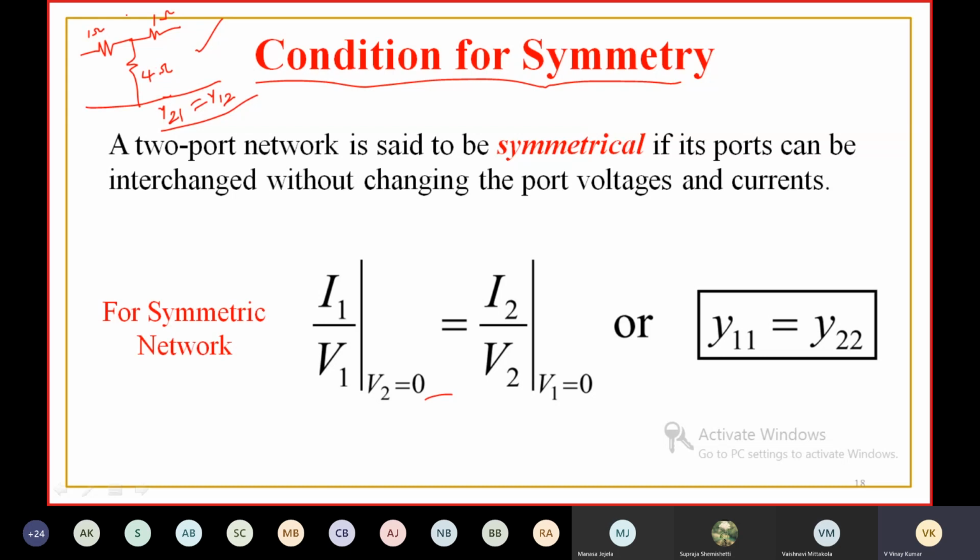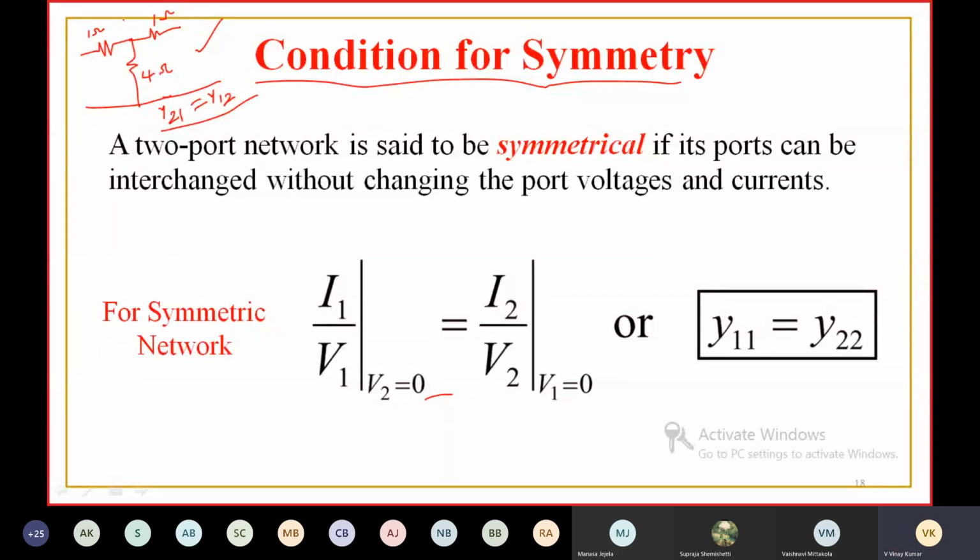Otherwise, a symmetrical network is a network which is divided into two equal halves, with each half a mirror image of the other. In other words, if the network looks the same from both the ports, then it is said to be a symmetrical network.